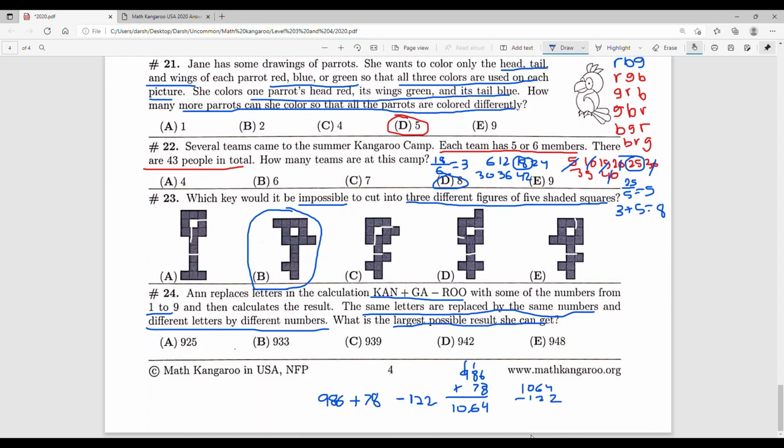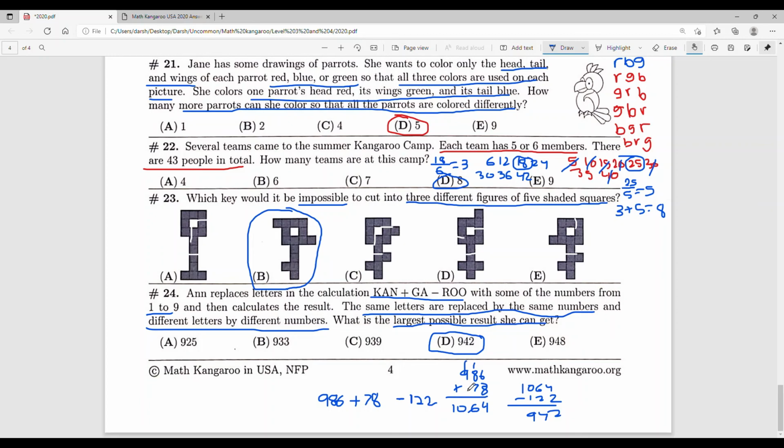So if we do this, we get 942. Therefore, we know that the largest possible value for CAN plus GA minus RU is going to be D, 942. Therefore, the answer for number 24 is D.